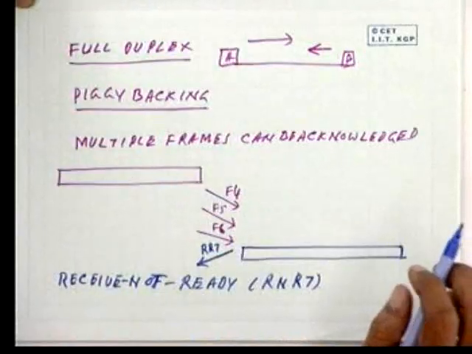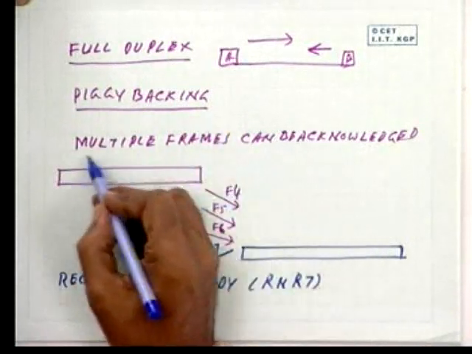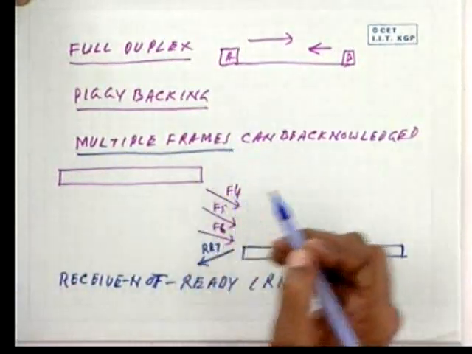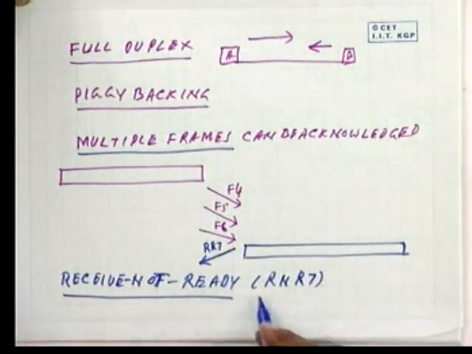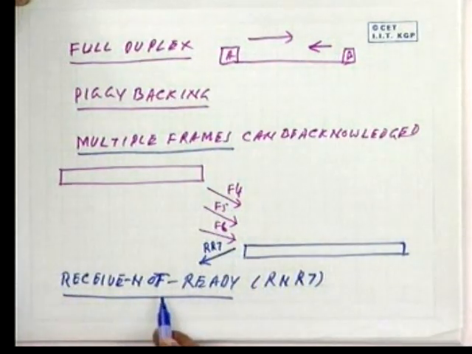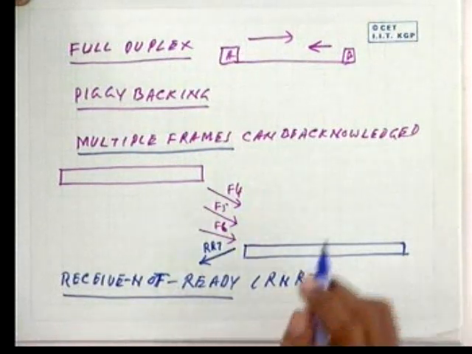So the transmitter should not send frame number 7 right now. So this is how piggybacking can be used. Multiple frames can be acknowledged by a single frame, and also when the receiver wants, it can send a receive not ready frame to stop the flow of frames.